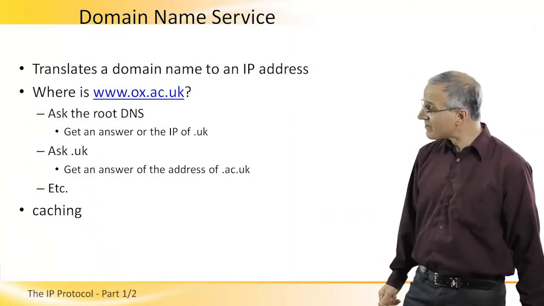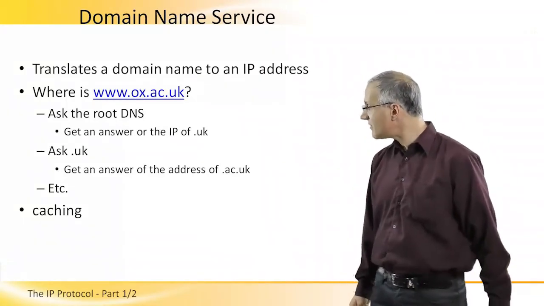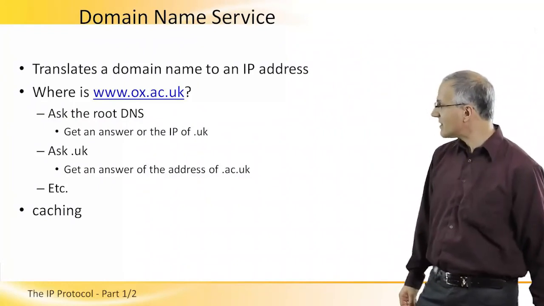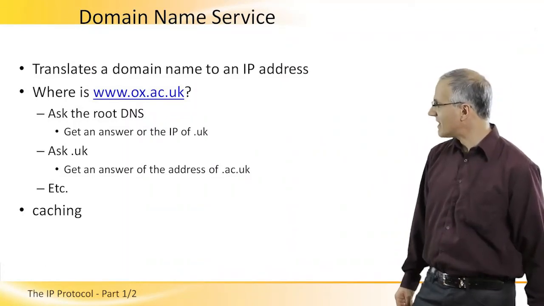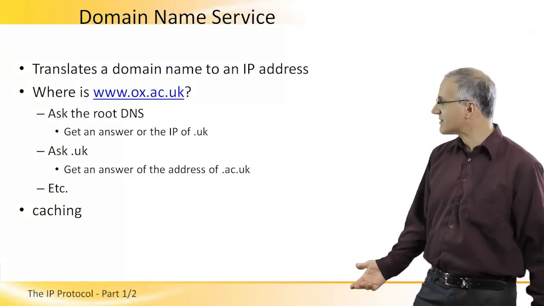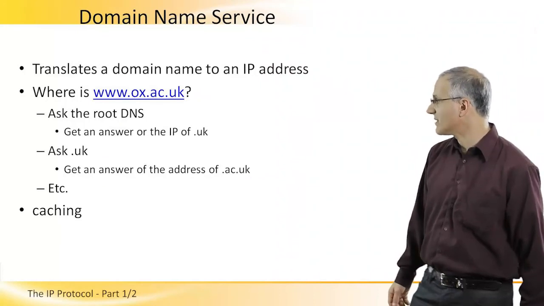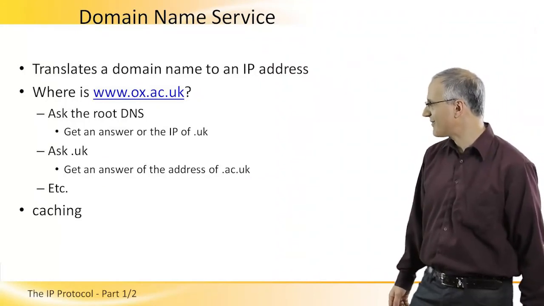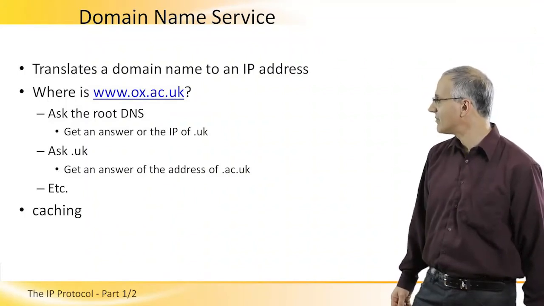Now, if the uk server has the answer, it will send it to me. If not, it can give me the IP address of the ac.uk domain server. And the same with this domain server. If it has the answer, it will send it to me. If not, it will direct me to the ox domain server. This server should have the IP address of the machine called www, where the web server is located.